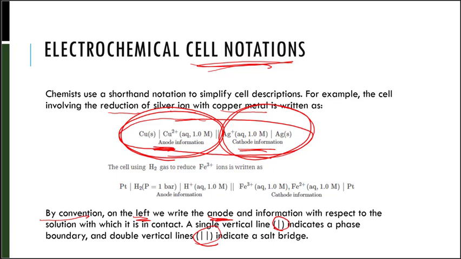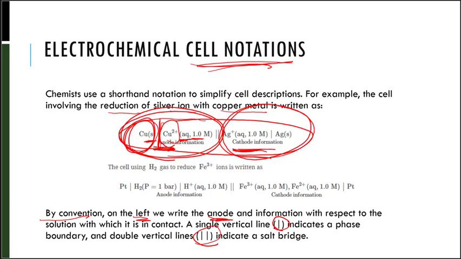So when I write it in this notation, I write the solid copper, single line, copper plus 2. You also include the phases, solid copper and aqueous solution, and we do include its concentration. This is a 1.0 molar solution.